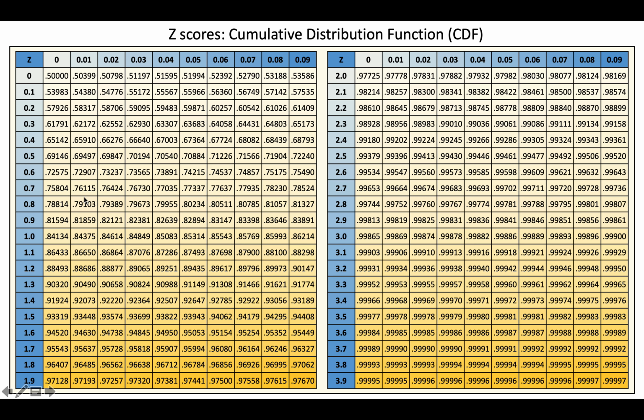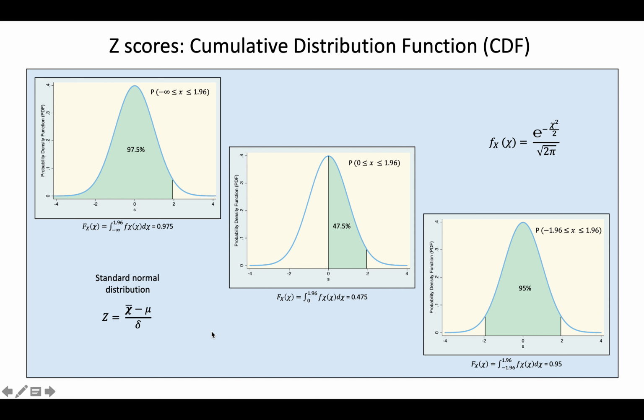Another example for a one-sided test is exactly 1.64. If you look at this 1.6, 1.64 is here, which is exactly 0.949. Rounding, it is 0.95. So that means that 0.95 is here, and if 0.95 is here, then the 5% under the curve corresponds to this area.